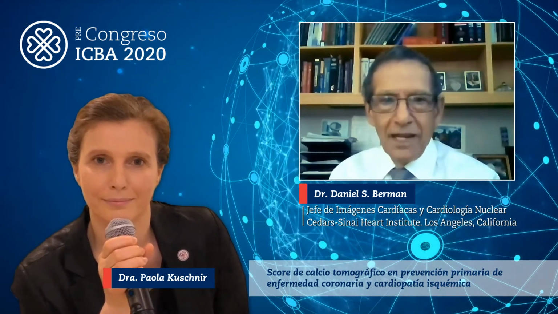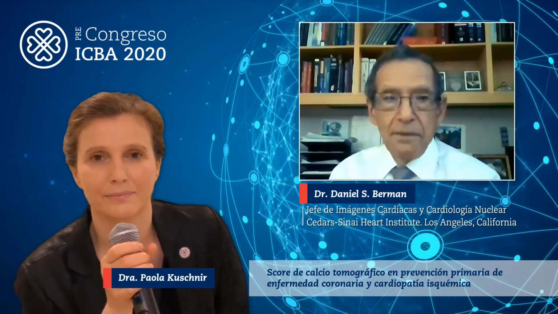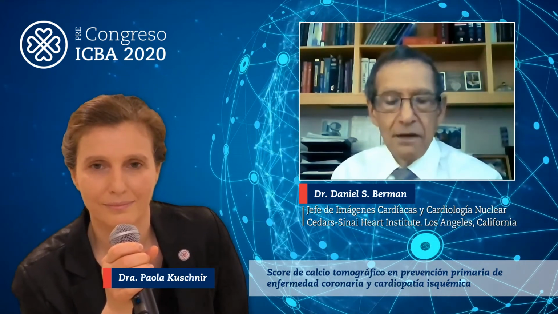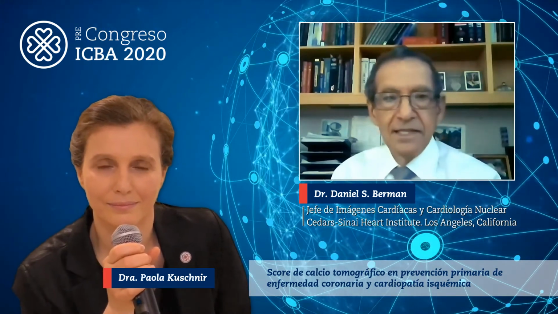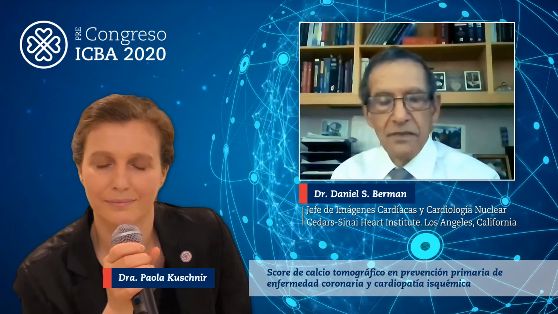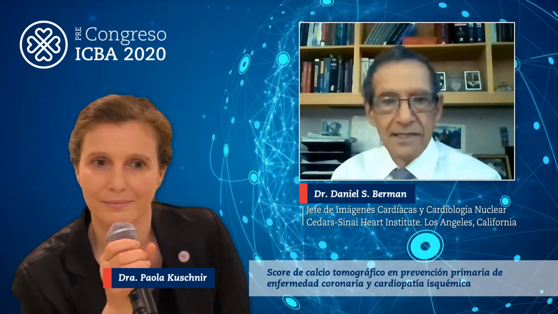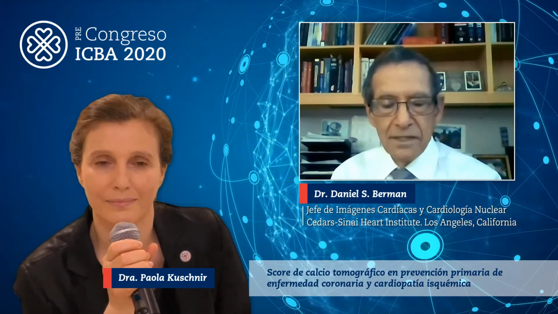It's been shown that a large percentage of the patients in the intermediate risk group gets reclassified into higher risk or lower risk on the basis of the calcium scan. The AHA-ACC guidelines have endorsed the use of the calcium scanning as a means of increasing certainty about the need for treatment and its intensity in patients with this intermediate risk.